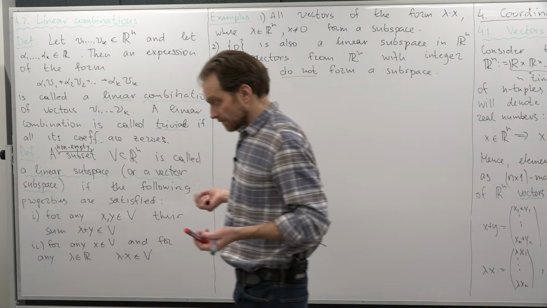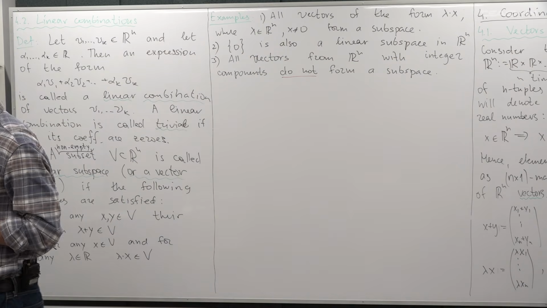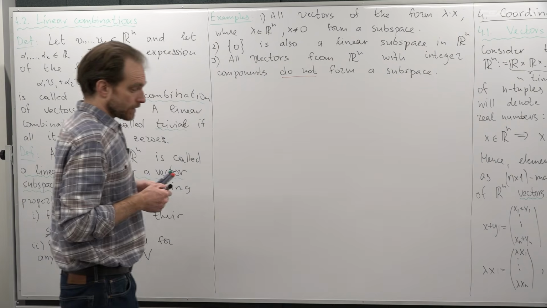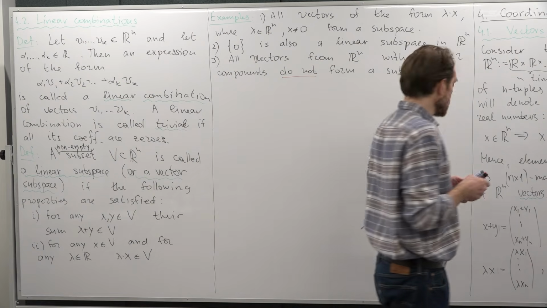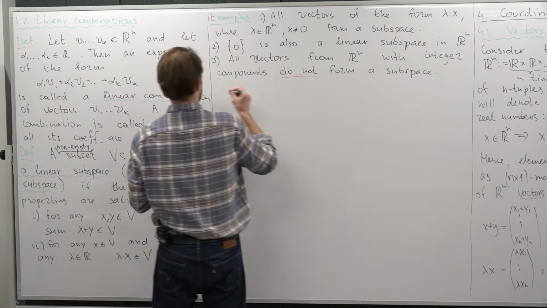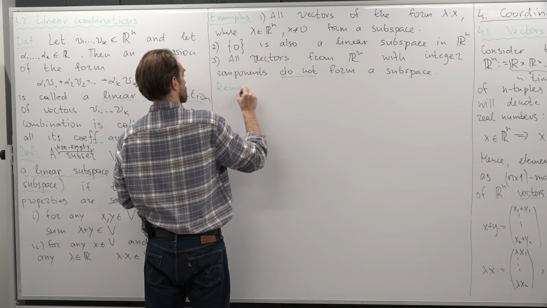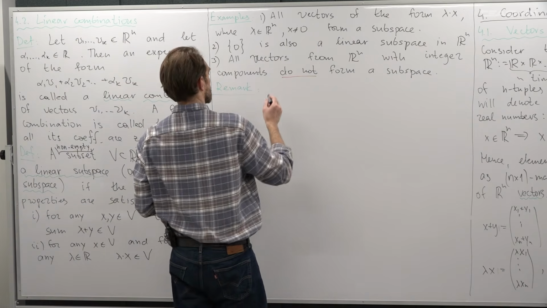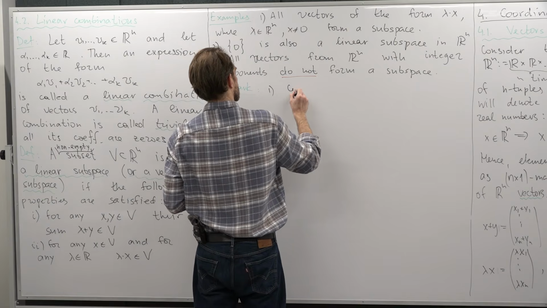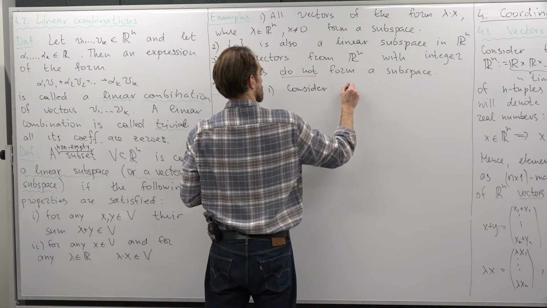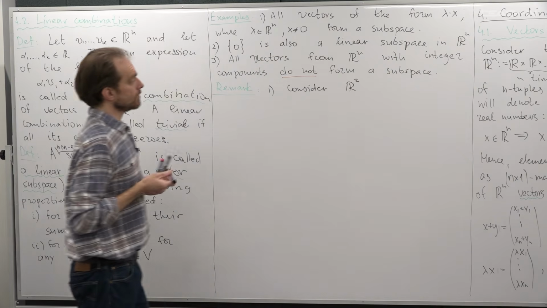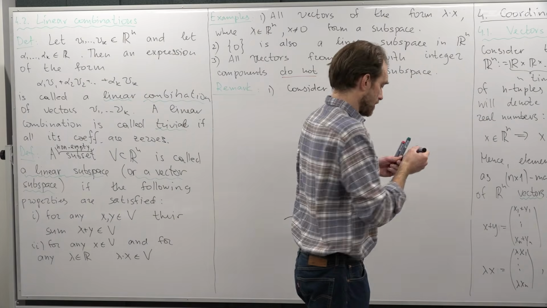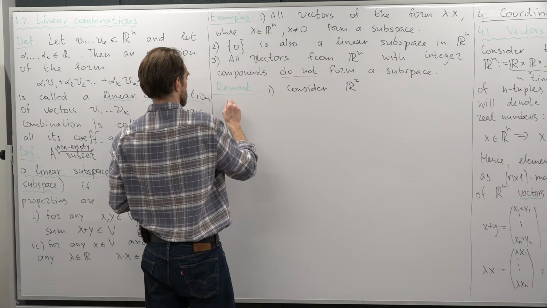Okay, so these are subsets of a linear space. And let me say a few words about the geometrical interpretation of this. So this would be just a remark. So maybe two remarks. So consider the space R2, which is just our plane, and so what are the subspaces?